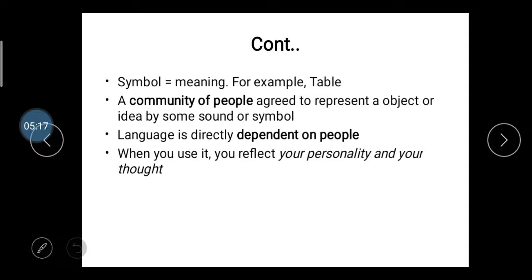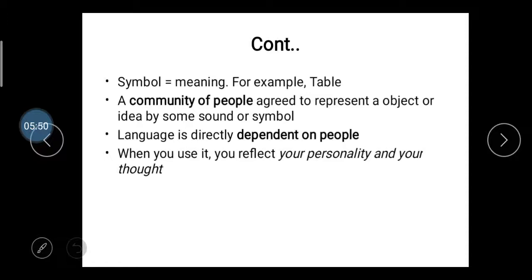Then after, language directly depends on the people, meaning which type of people's mindset, which type of people's personality, and which country people belong to. The overall effect is displayed or disclosed in the language of the people.